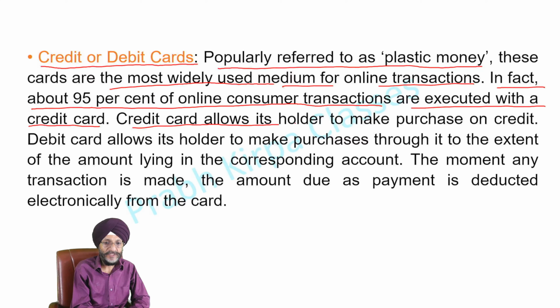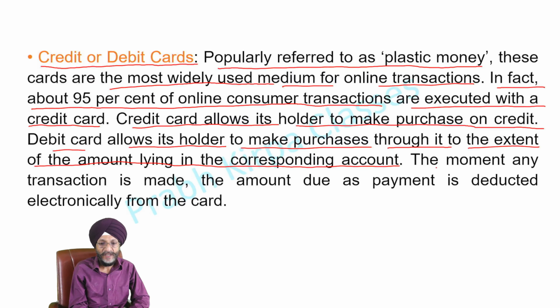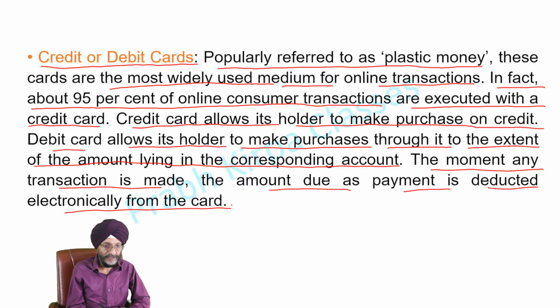Credit card allows its holder to make purchases on credit. Debit card allows its holder to make purchases through it to the extent of the amount lying in the corresponding account. The moment any transaction is made, the amount due as payment is deducted electronically from the card.